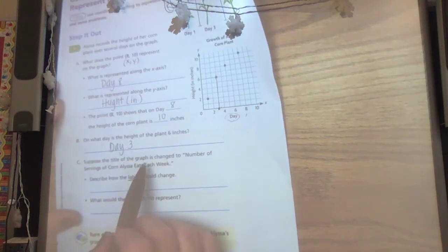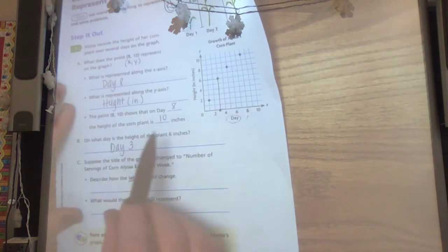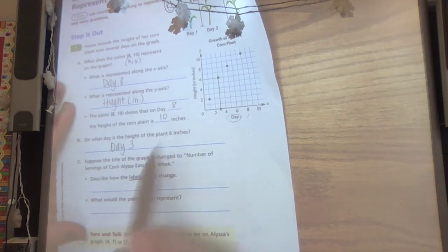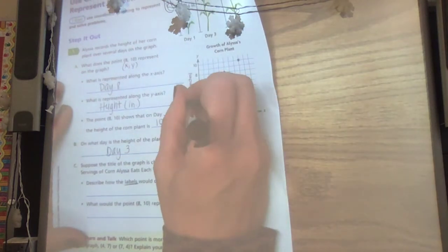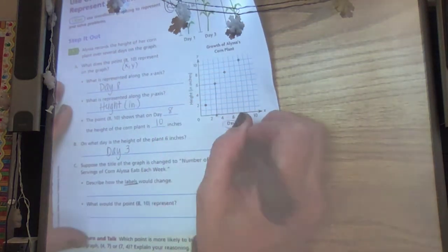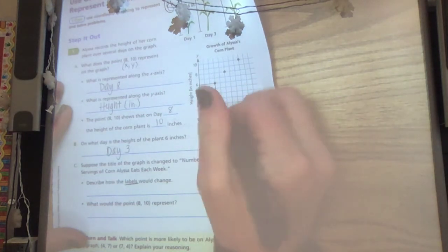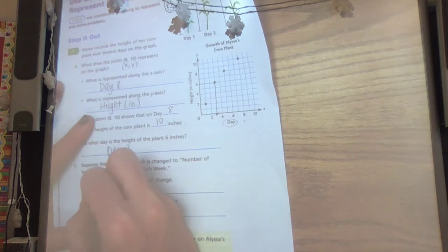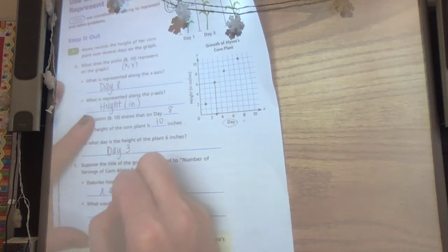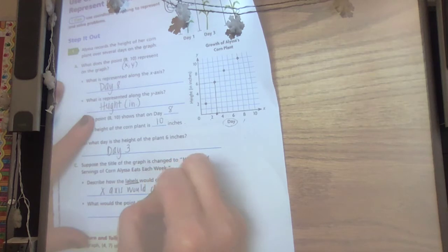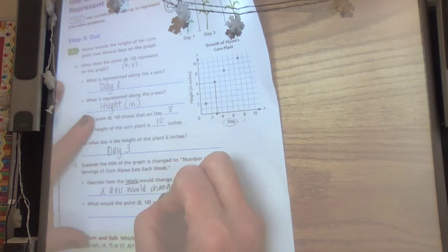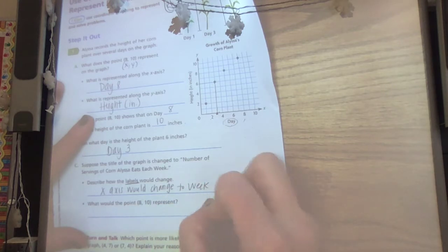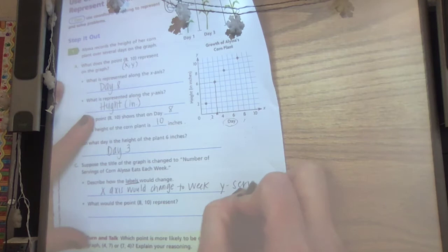So, if it's changed to number of servings instead of the x-axis saying day, then it can say week, and y would be servings.